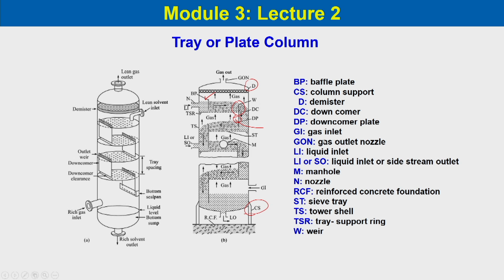and then gas inlet. We have gas inlet at the bottom, and then we have gas outlet nozzles over here, then liquid inlet which is at the top, and liquid inlet or side stream outlet.